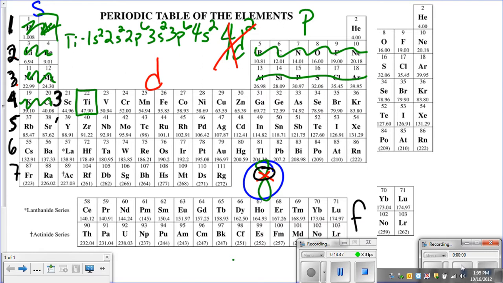So D's will start at 3, and then move down. So the highest D orbital on the periodic table at the moment is 6d. So titanium would be 3d2, because it bumps up one energy level. It's closer to the nucleus.